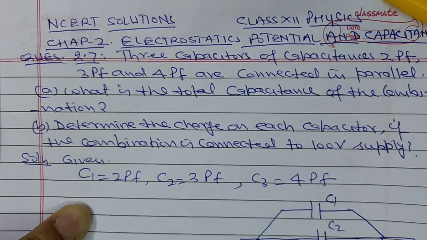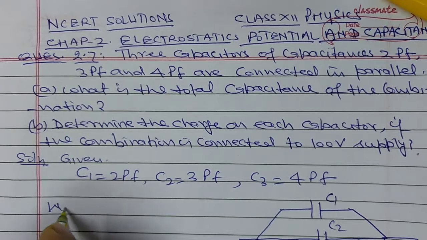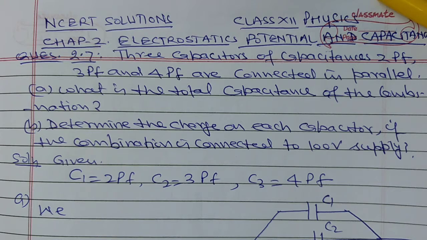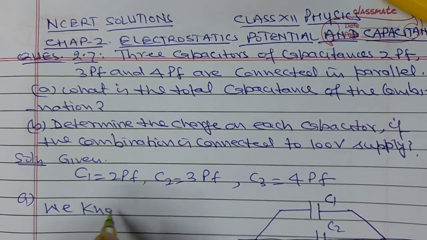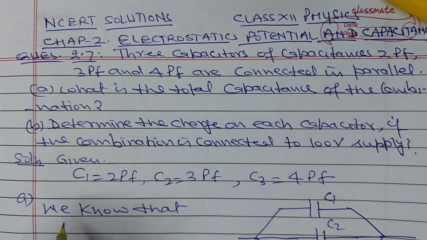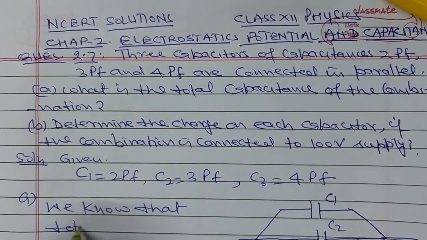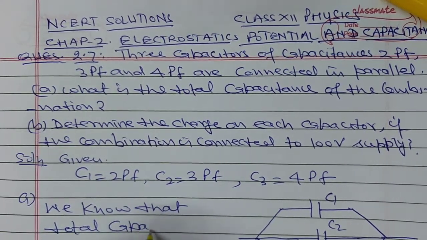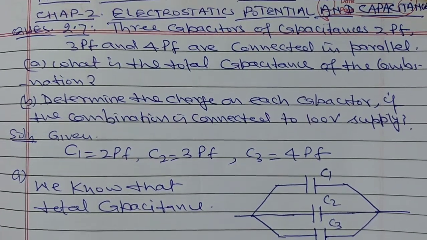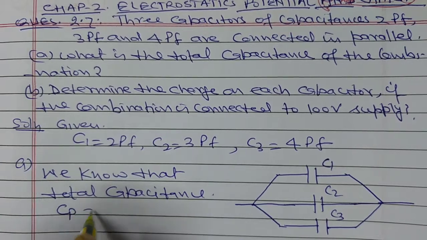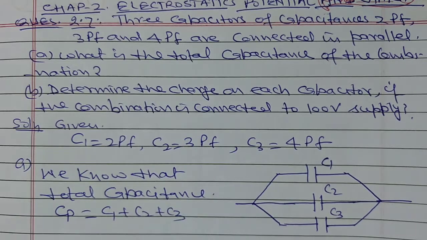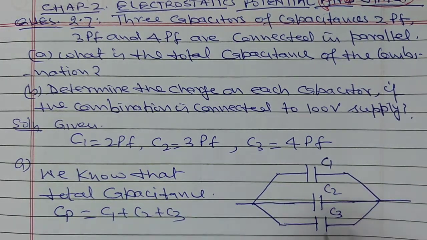Now the equivalent capacitance we know. First part में equivalent capacitance है, total capacitance of this combination. We know that the equivalent capacitance or the total capacitance is given by Cp is equal to C1 plus C2 plus C3. तीनों कैपेसिटर्स पैरेलल में हैं.